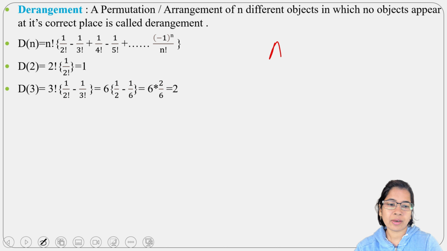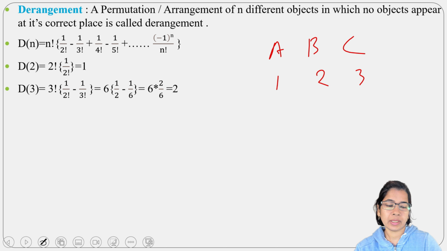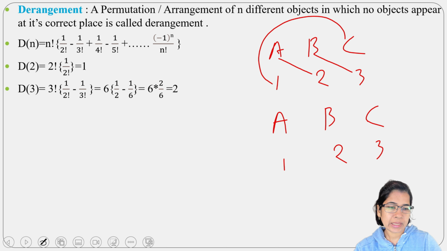Suppose we have 3 objects A, B, C. We have 3 places 1, 2, 3. In one way A can be placed in 2, B can be placed in 3, C can be placed in 1. That is one derangement. Another derangement: with A, B, C and 1, 2, 3, C can be placed in 2, B can be placed in 1 and A can be placed in 3.